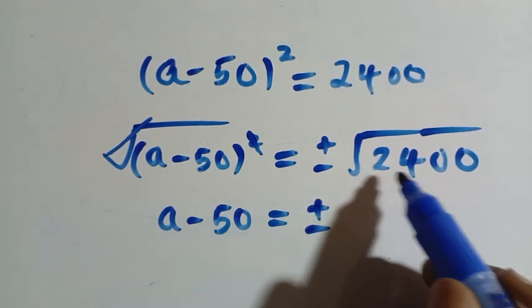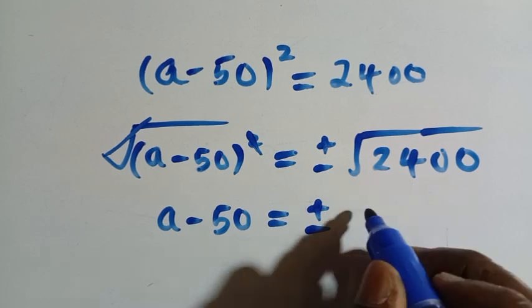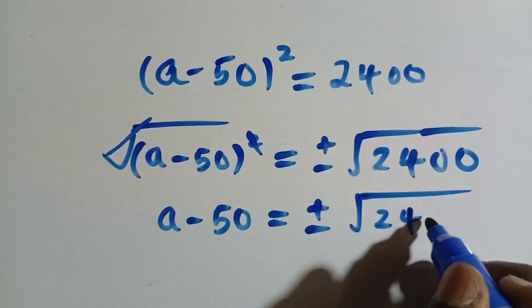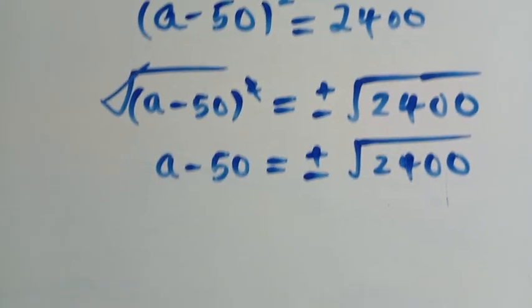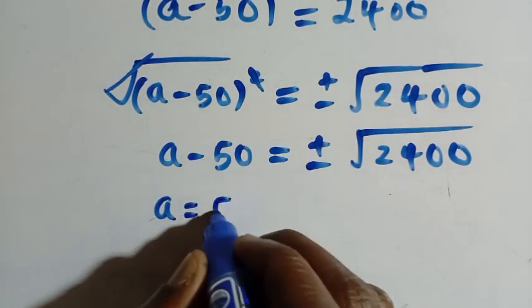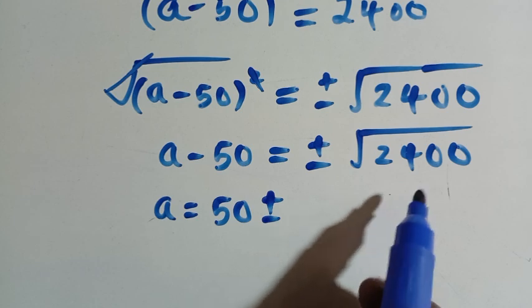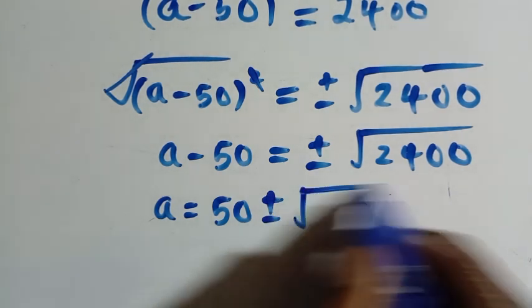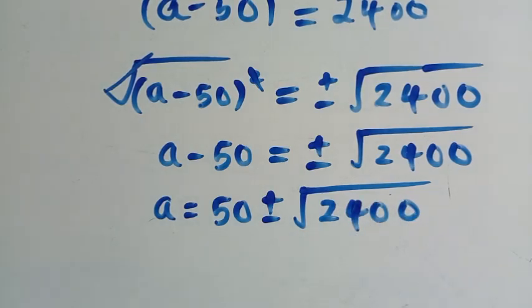So we have this as square root of 2400. And suppose I take 50 to the other side, we have a equals 50 plus or minus square root of 2400.